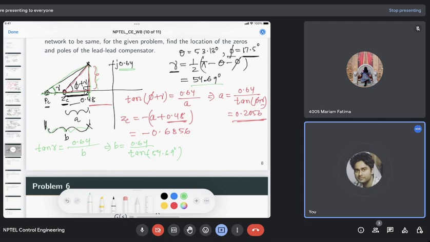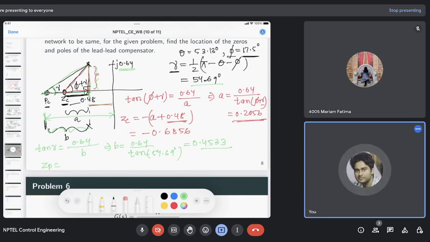So we have 0.64 divided by tan of 54.69, which is 0.4533. This is added to 0.48 to give the location of the pole, with a negative sign.